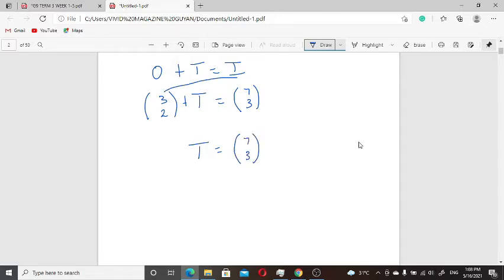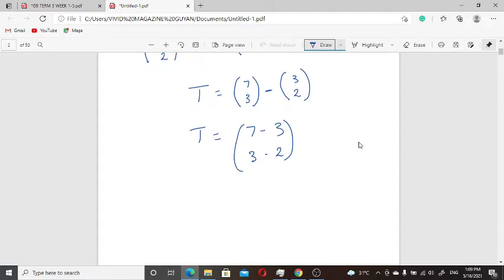Now this is going to go over. Since it's adding, it's going to go over and subtract, giving me 3, 2 still. So this is equal to 7 minus 3 and 3 minus 2. 7 take 3 is 4, 3 take 2 is 1.